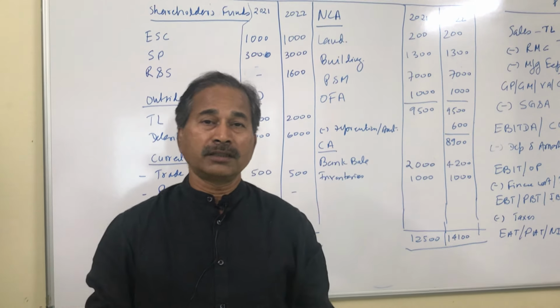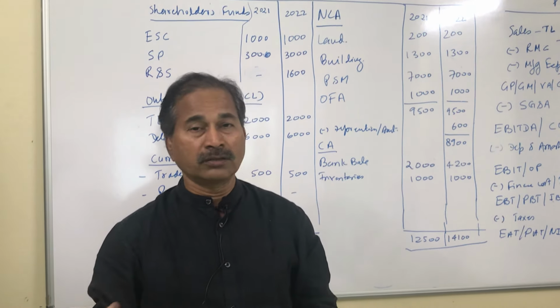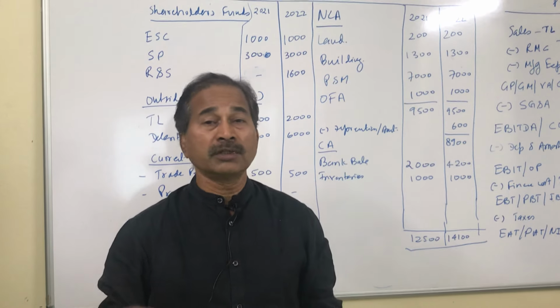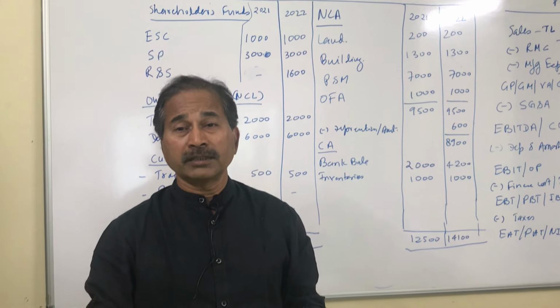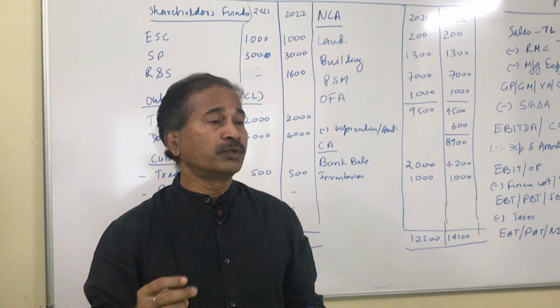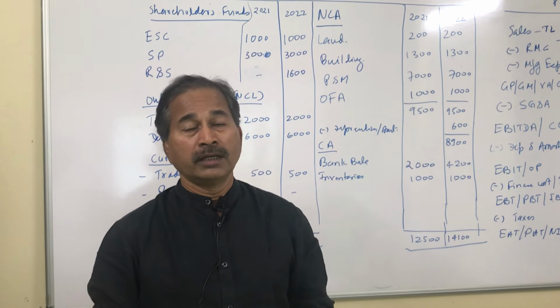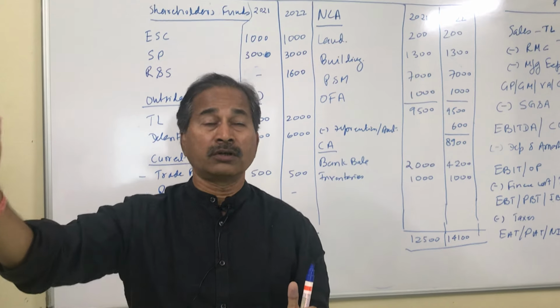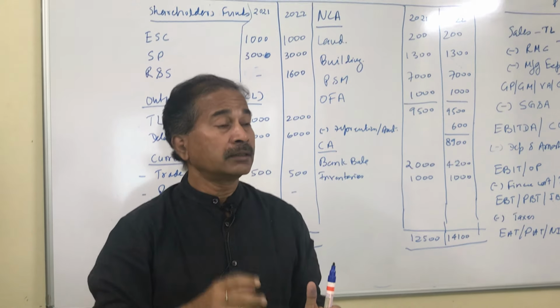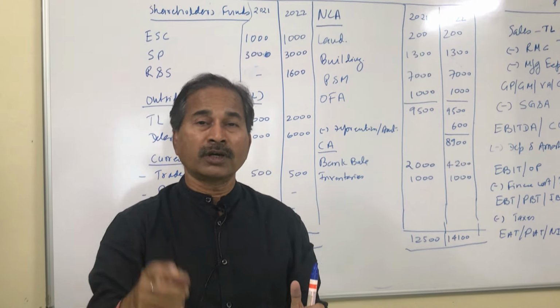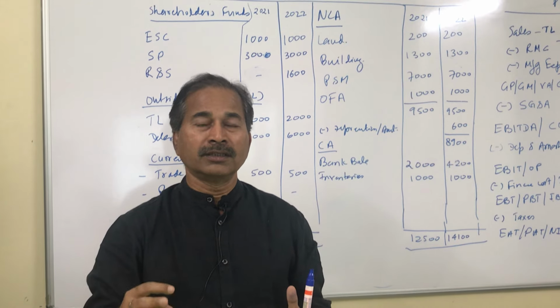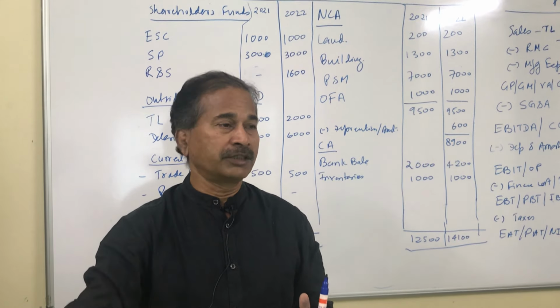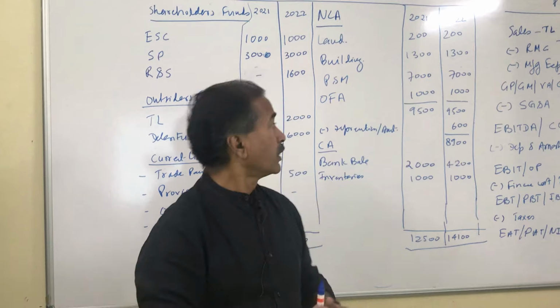Difference between the current assets and the non-current assets, of course, is very simple. Current assets are expected to get converted into cash within a period of 1 year, and non-current assets are the assets which are used for a long time and they are used for converting current assets into cash, right? And that is how it is.